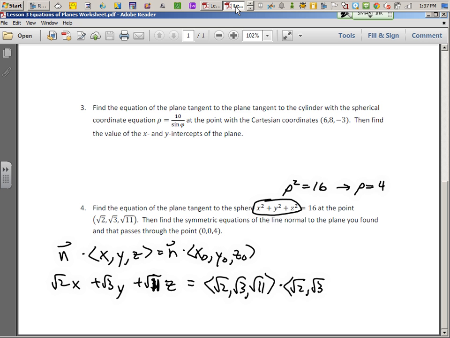So if you're in physics, you know that when you dot a vector with itself, you just basically square its magnitude. But here, we'll just work it out. It's root 2 times root 2 plus root 3 times root 3 plus root 11 times root 11, 16. So here's the answer. Root 2x plus root 3y plus root 11z equals 16.